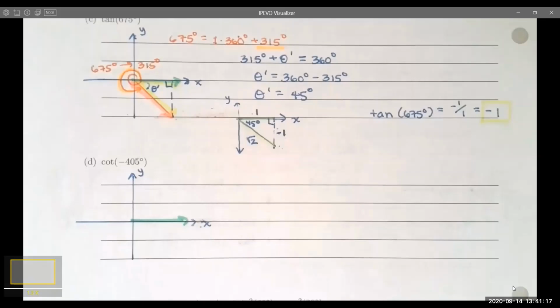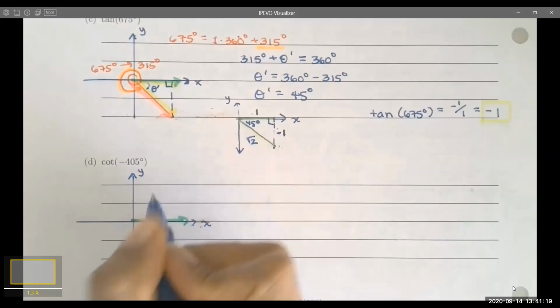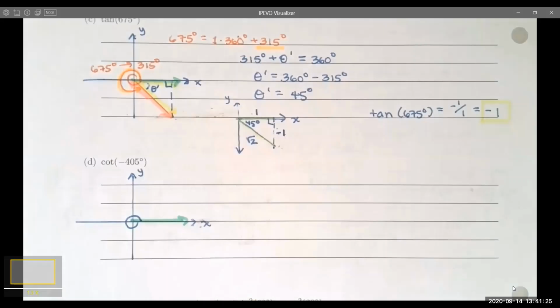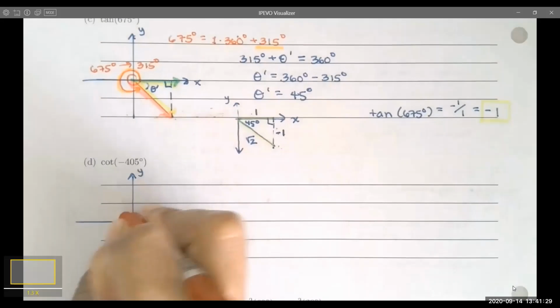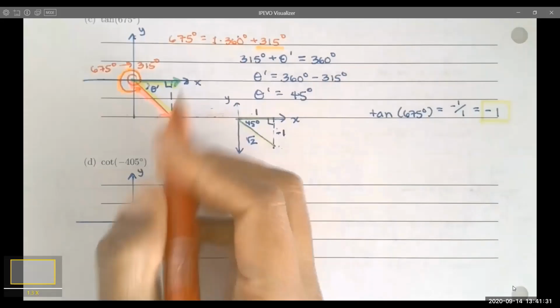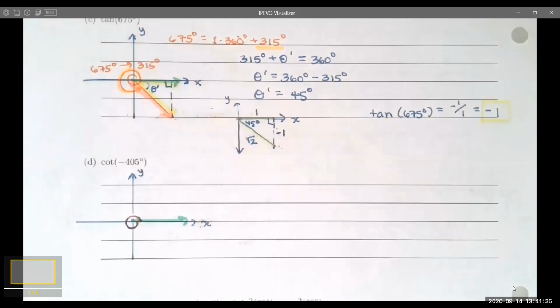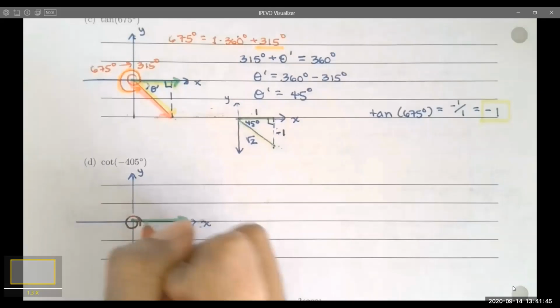Okay, so negative 405, that opens clockwise. One cycle would be negative 360, and let me switch colors since we are drawing the original angle and not the reference angle. We're not going to be completing the second cycle because two cycles would be negative 720, right? So we know that it's going to be more than one cycle, but less than two.